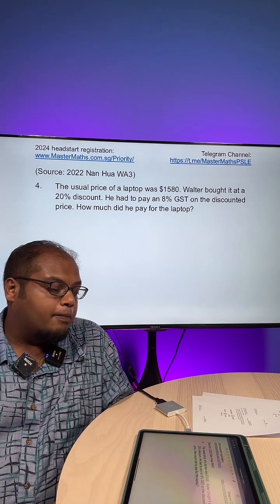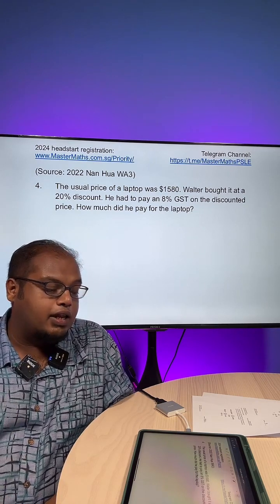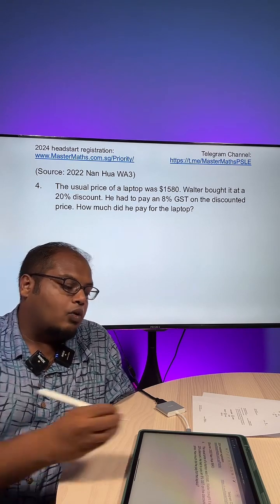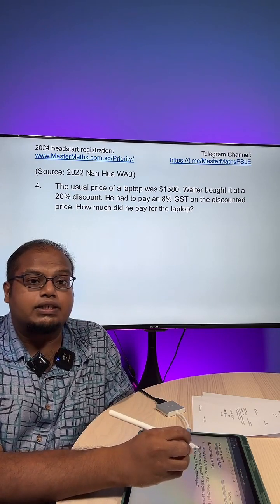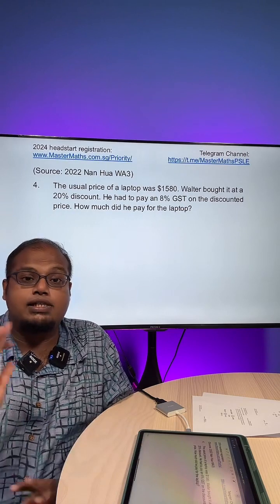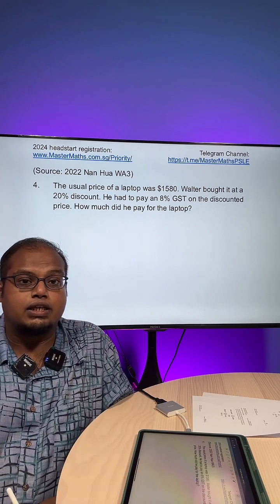So for this question, they provide the usual price of a laptop was $1,580. That is the usual price. That means without any sale, if you see this laptop at the shop, the price tag there shows 1,580.